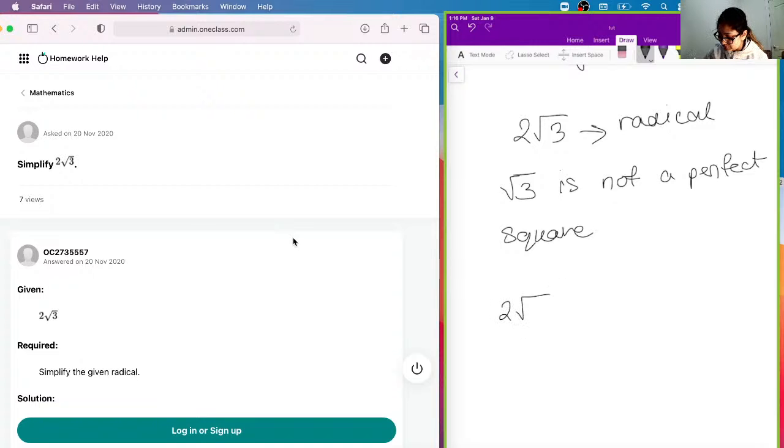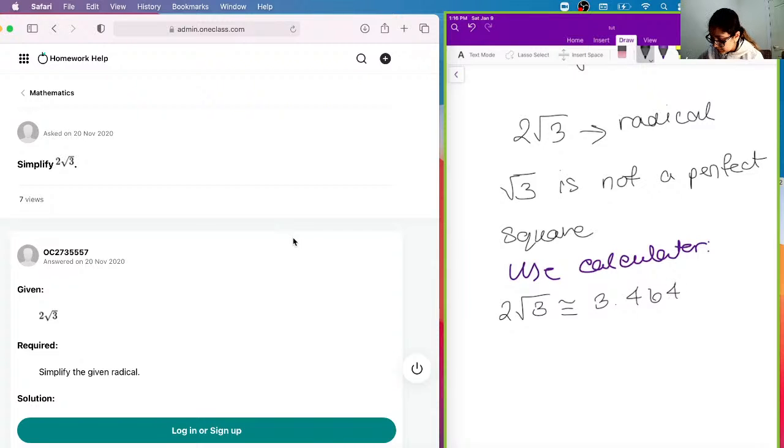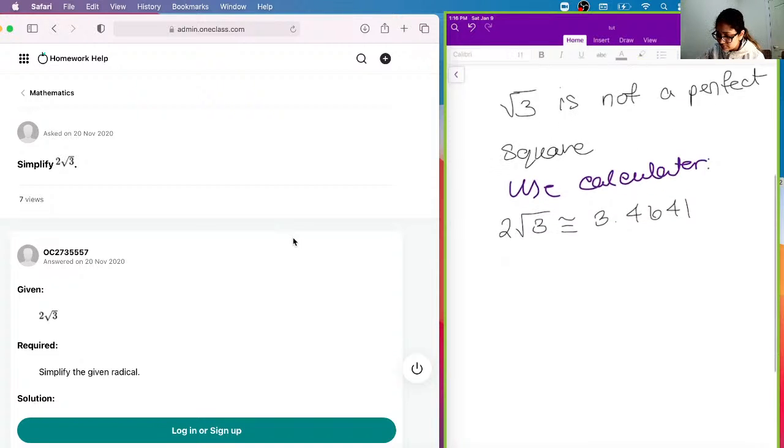And so 2 times root 3 is approximately 3.4641. You can round this number or just put it as one whole number, but this is what the calculator gives you. So it's a decimal number, and you could see it's not really a whole number.